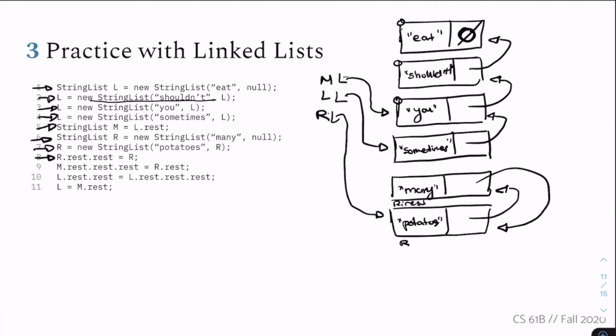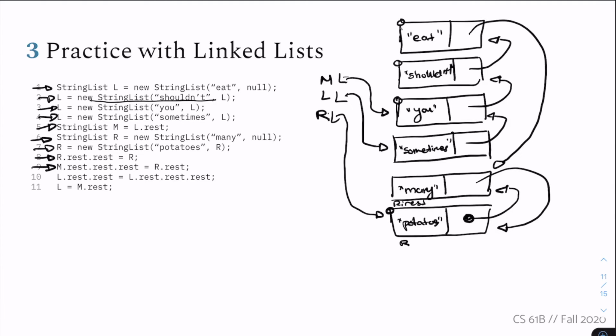And we're going to set it equal to r.rest. So we go to r, we have this, and this is the memory address that we're copying over into m.rest. So what does it point at? It points at the box with many in it. So we're going to draw an arrow from eat to many. Okay, so we've done that.